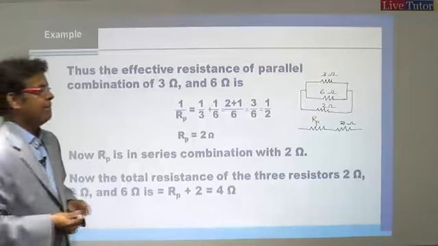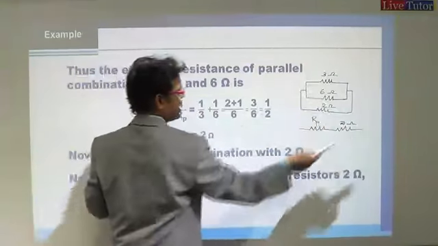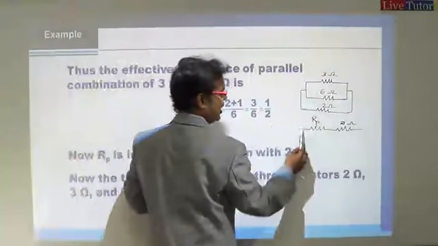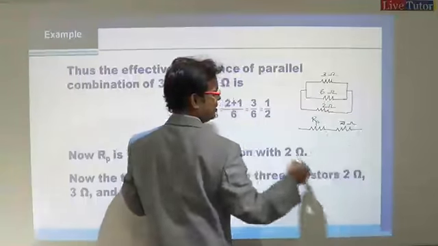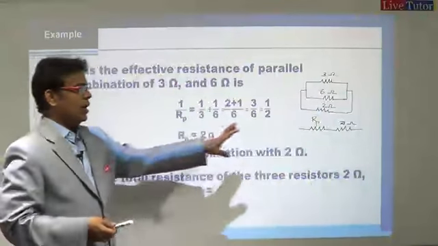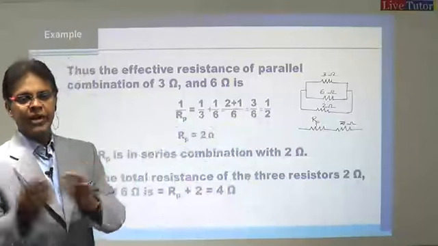So this only we have shown as RP and this one is remaining as it is. You may think that it is like a box, but if you connect that, it will be like this. It will be a series combination. So this is the method of reducing the given circuit into simplified form.